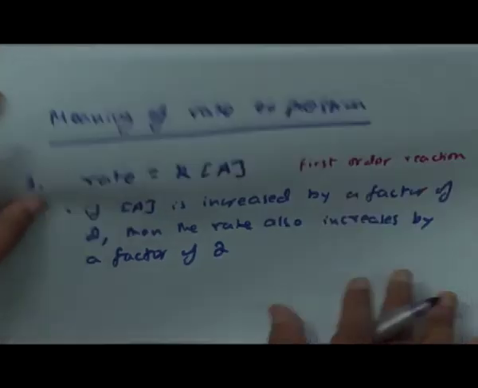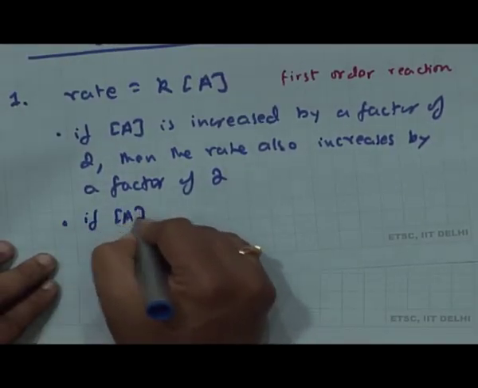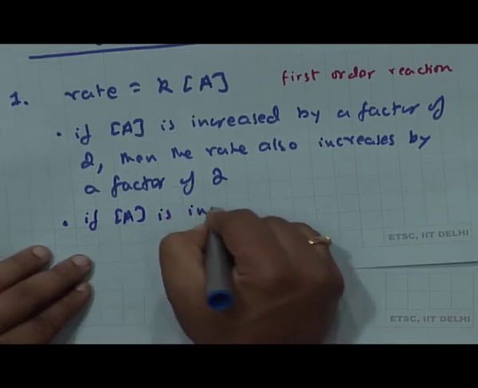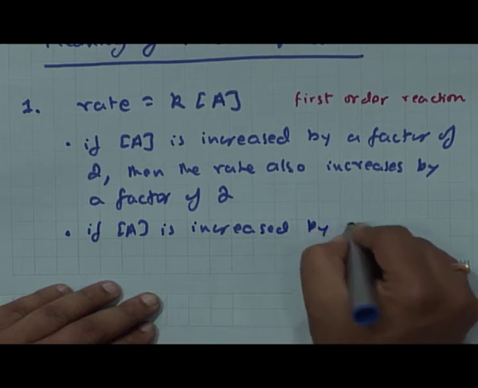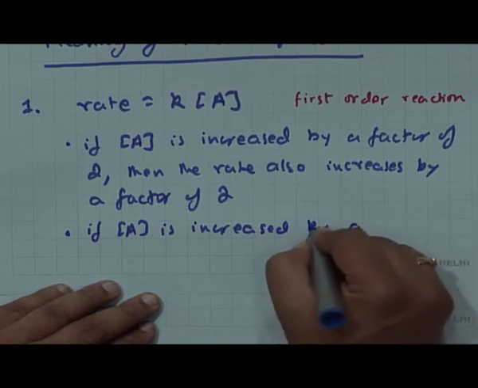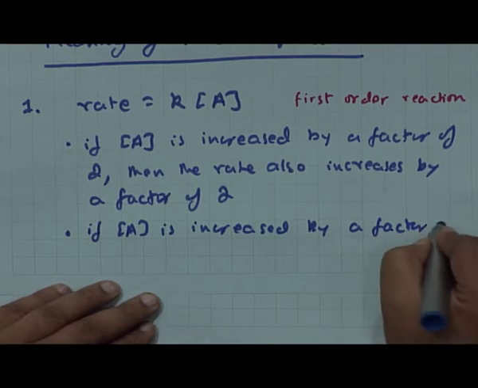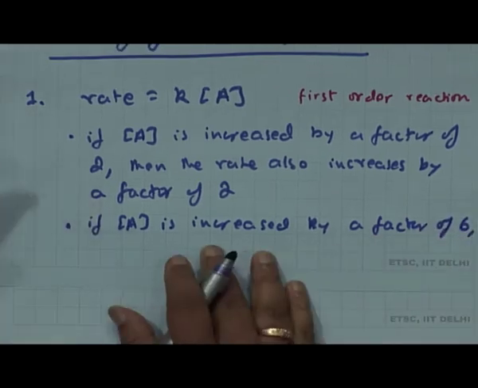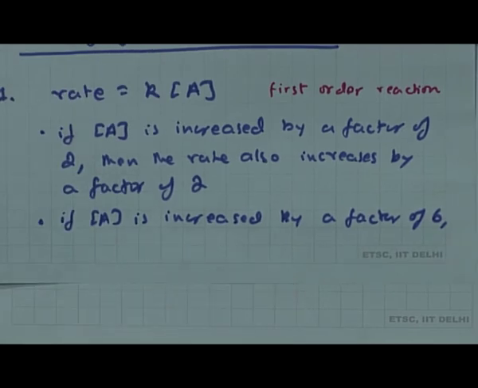Similarly, if the concentration of A is increased by a factor of 6, then the rate is also increased by a factor of 6.